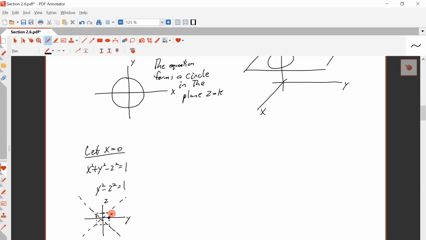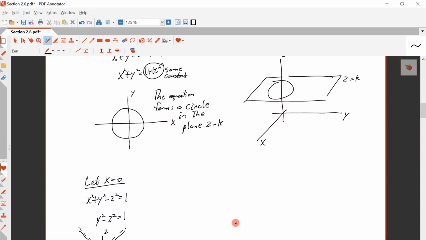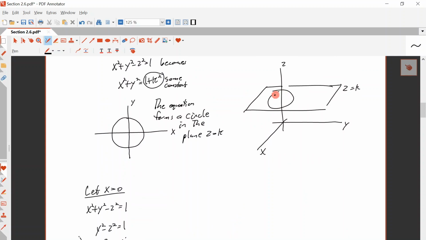And we have the hyperbola like that. So that's the silhouette. You have a hyperbola in the YZ plane, that tells you what shape the circular surface is going to take.